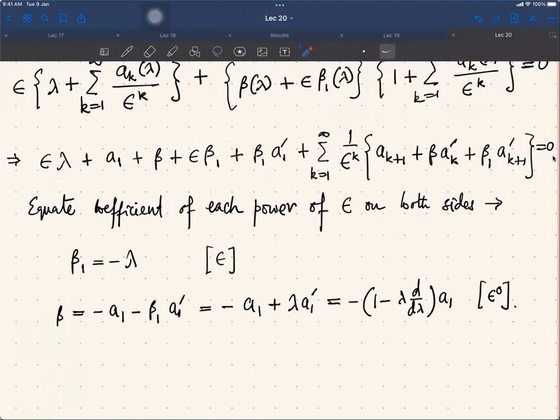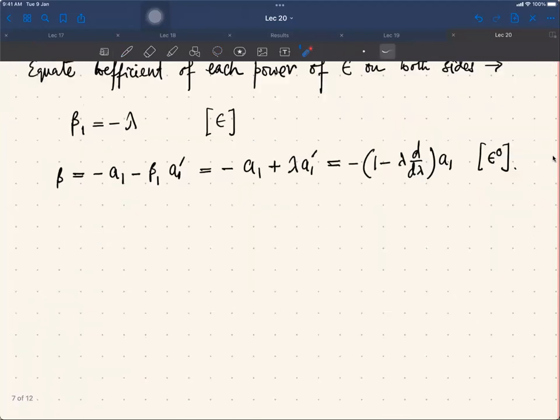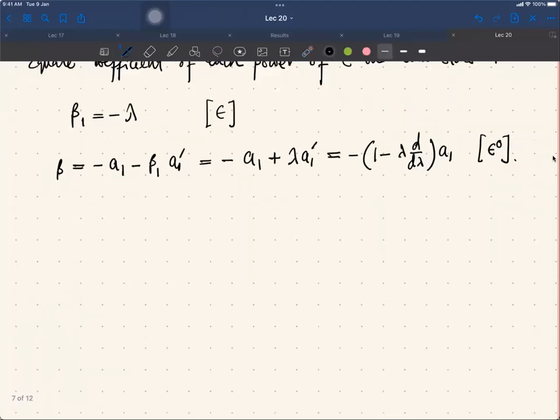And then the epsilon to the power minus k term is this one, which is a k plus 1 plus beta a k prime plus beta 1 a k plus 1 prime equals 0. This is epsilon to the power minus k.